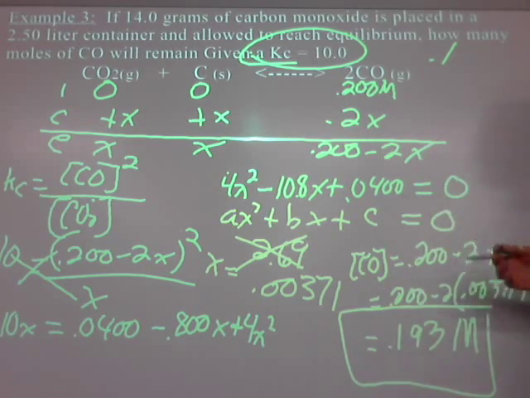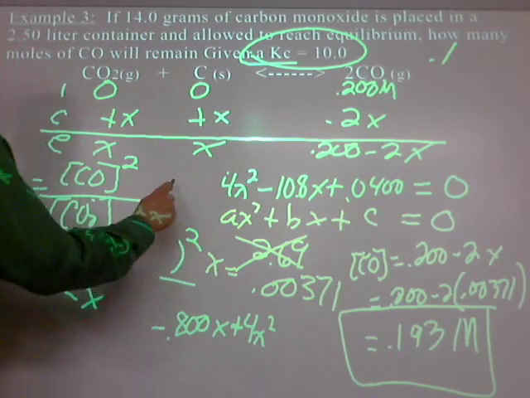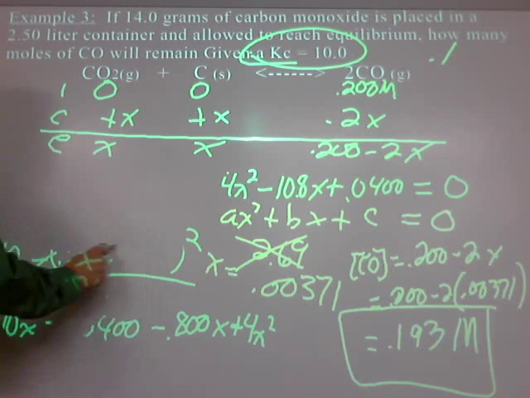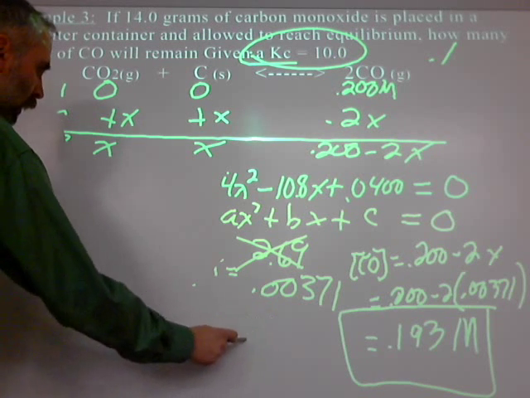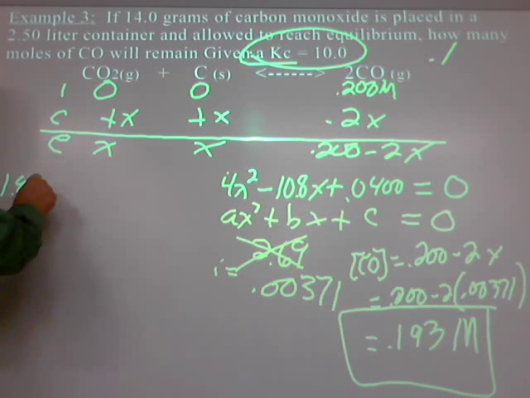I'm totally out of room now. I'm just going to erase over here. Okay. All right. And I'm going to take that 0.193 moles per liter and multiply, because remember, molar means moles per liter, right?